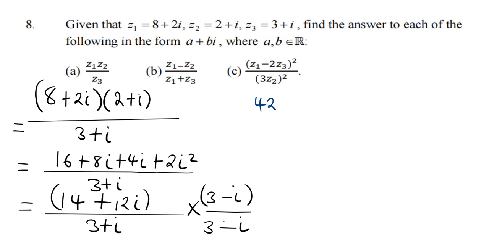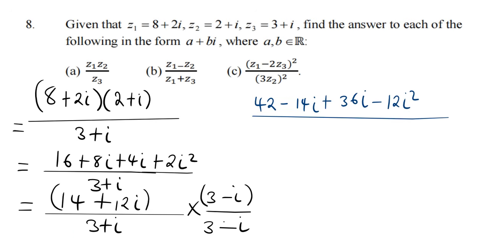Then 14 multiplied by negative i, we're going to have negative 14i, then plus 12i multiplied by 3, that is 36i, then 12i multiplied by negative i, we're going to have negative 12i squared, over. Now this is a difference of two squares when you multiply them, so I'm just going to say 3 squared minus i squared.